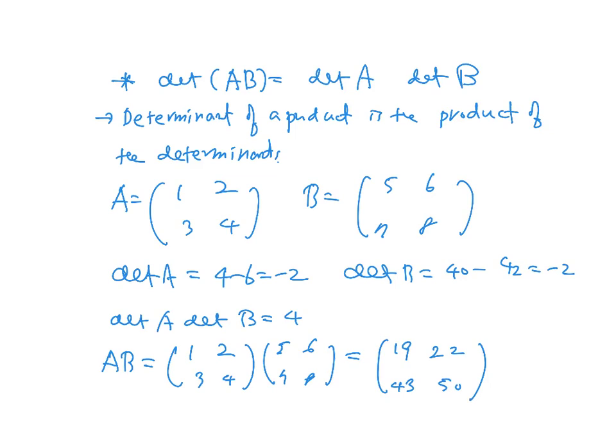So determinant AB is 50 times 19 minus 43 times 22.